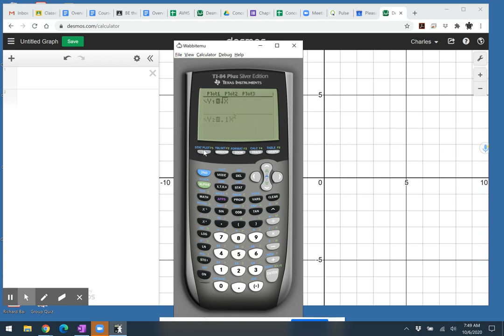I think that's how I have them in here, right? y1 minus y2. And then I hit enter.